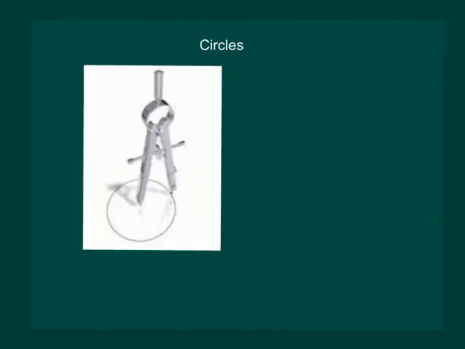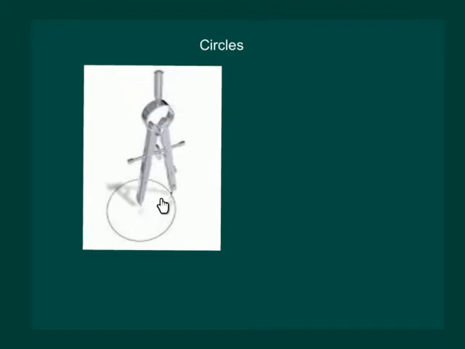Circles. Although we all know what a circle is, still let us revise how we draw a circle using a compass and a pencil. Take a compass and fix a pencil in it. Put its pointed edge on the point on a sheet of paper.